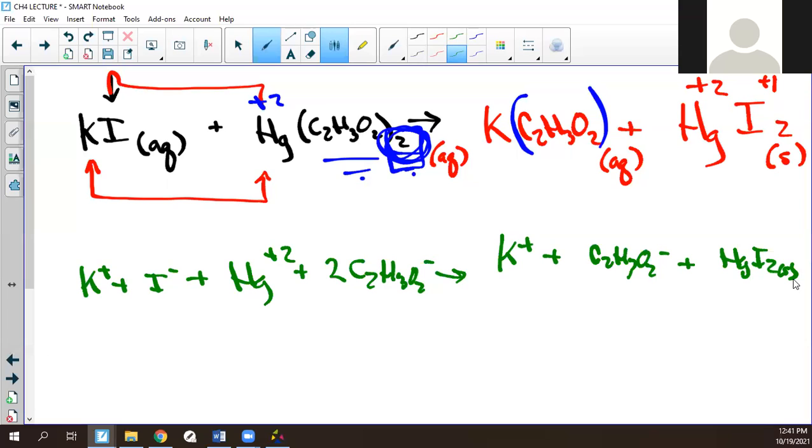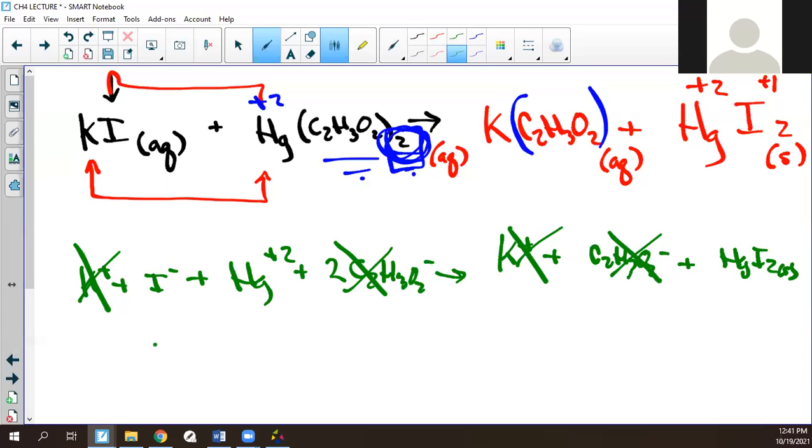So the net ionic, it's time to eliminate the spectators. The spectators, tell your partner, what two things? All right, they were K and what else? Acetate. So I am left with the following.